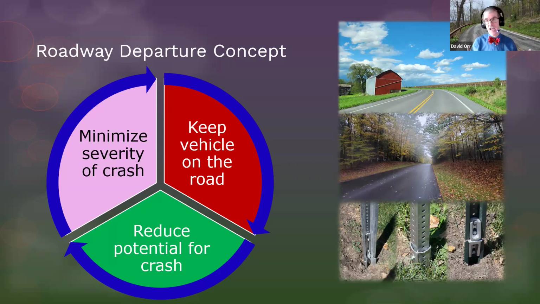And then finally, if they have a crash, we're trying to minimize the severity of that crash by having breakaway hardware and having things that are not going to be a deadly fixed object or protecting it with rail if need be. And of course, once we've done this, we have to revisit and figure out, okay, are there other places we need to look at? So it's a cycle. It's not really ever a stop. We just keep looking to try to make sure people get home safely every single day.